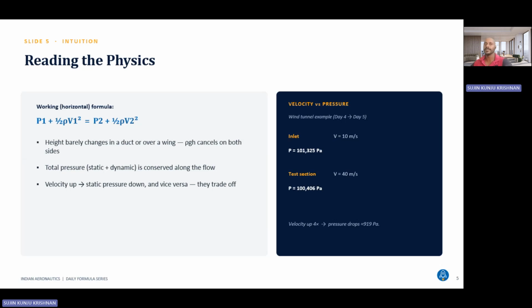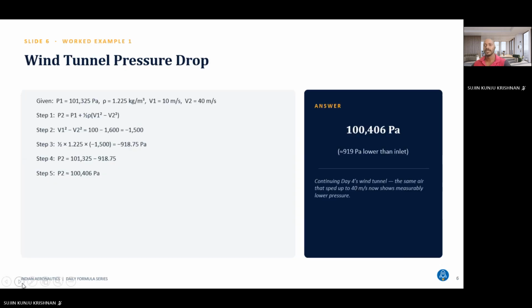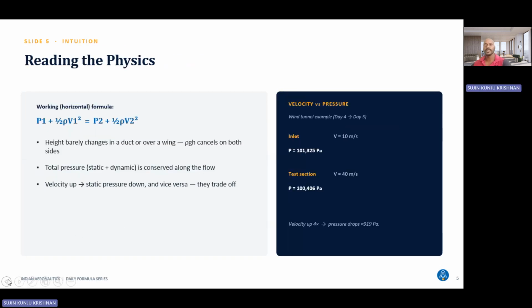Read it like this: static pressure plus dynamic pressure, call it total pressure, stays the same at every point along the flow.